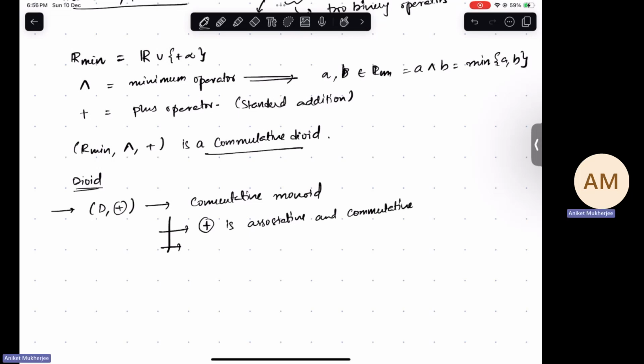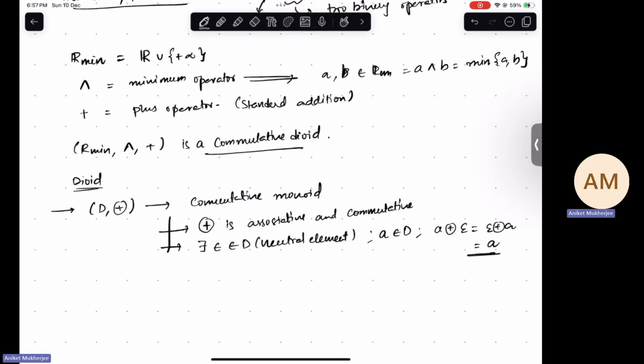Next, there exists an element in D which we'll call the neutral element, such that for any element A in the set D, A operator with that element is A. You get back the same element.